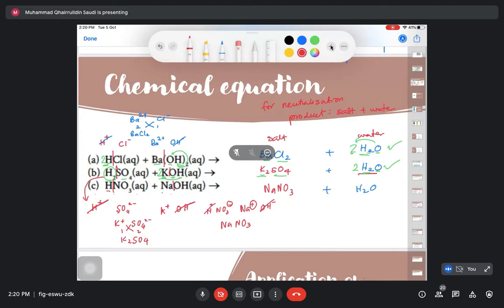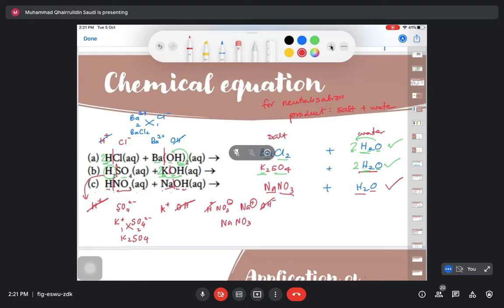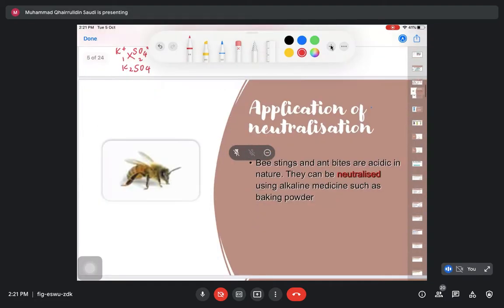We have one hydrogen, two hydrogen there, one oxygen there, one nitrate there, one sodium there. It's already balanced. So that is how you write down a chemical equation for a neutralization reaction.